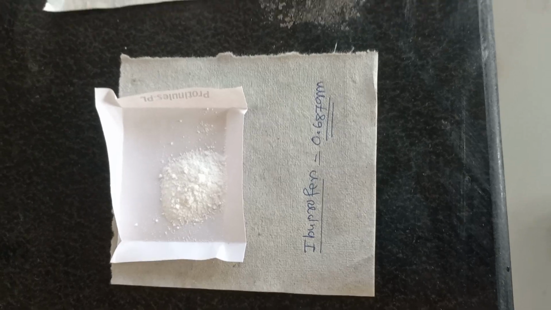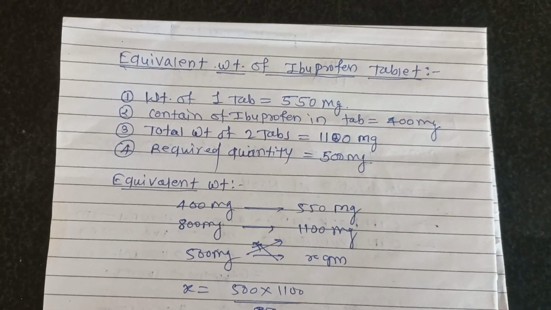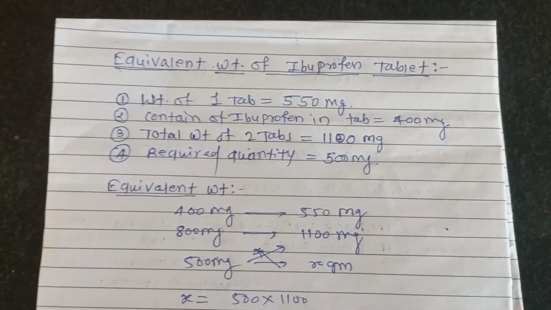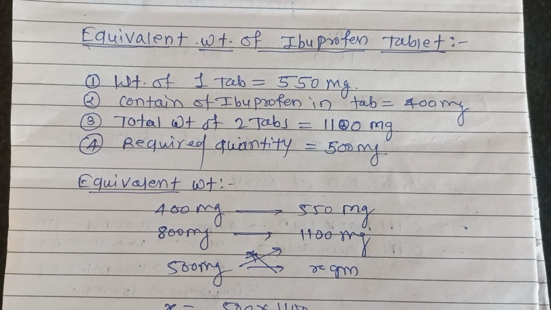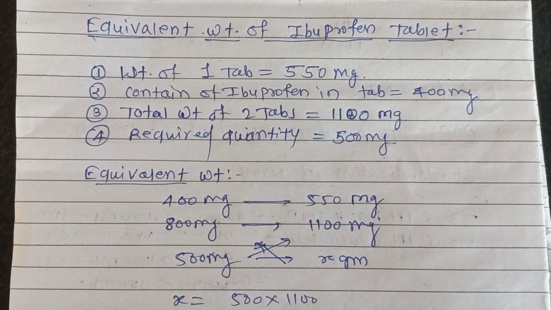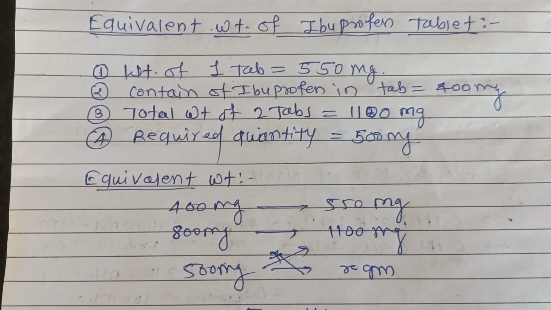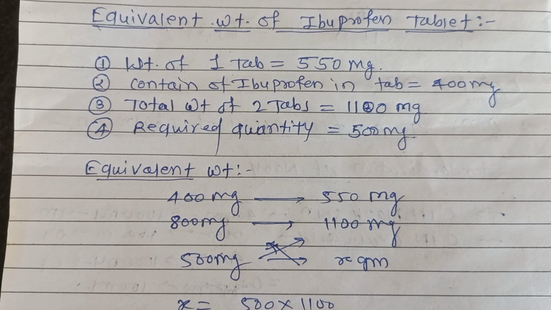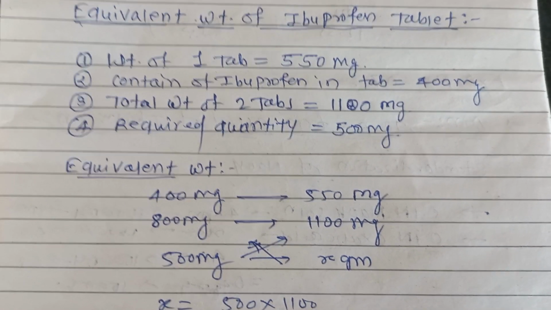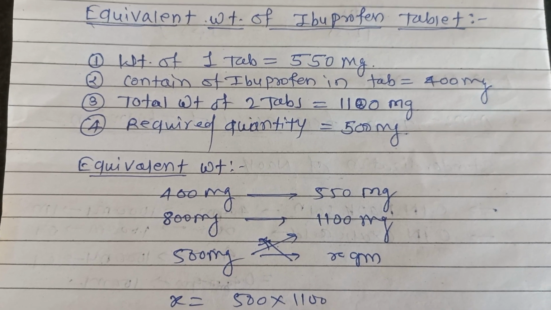So let us do the calculation for the equivalent weight of ibuprofen. First, the weight of one tablet of ibuprofen is 550 mg, and it contains the actual ibuprofen, the API, 400 mg. If you take two tablets, the weight will be 1100 mg.